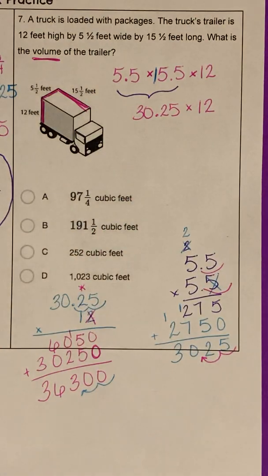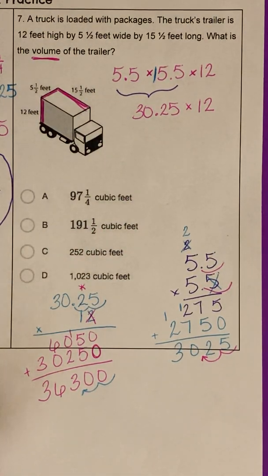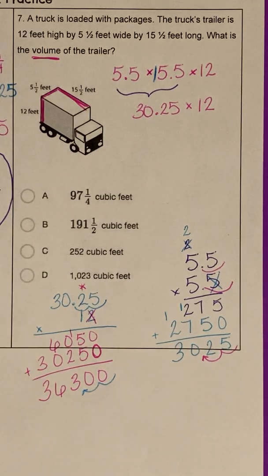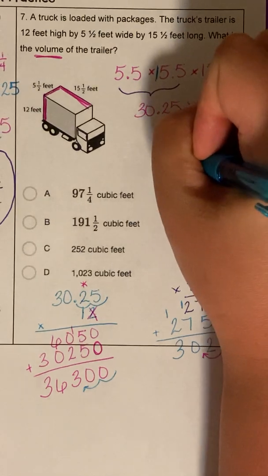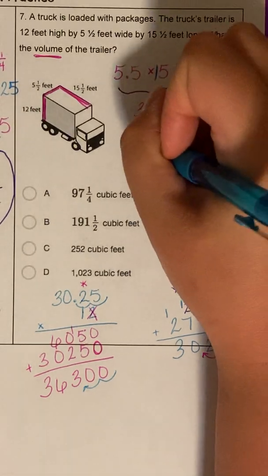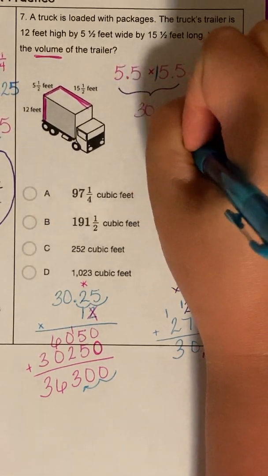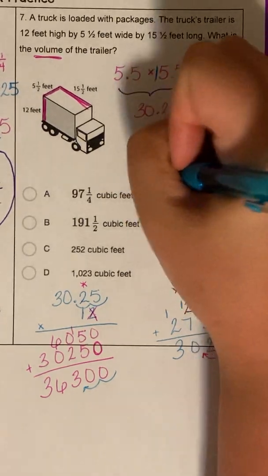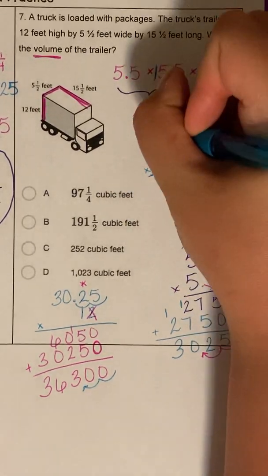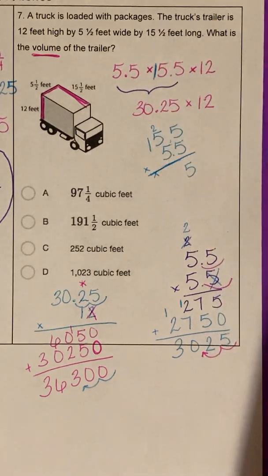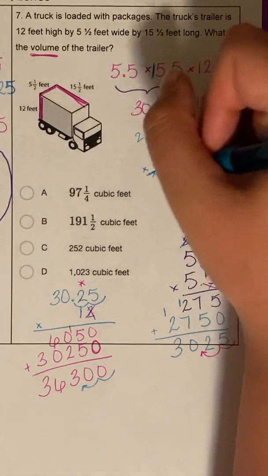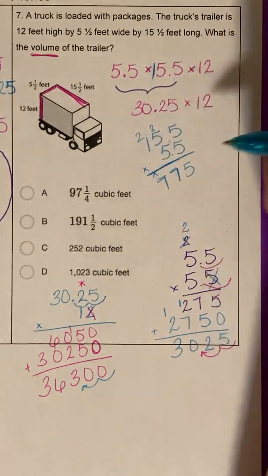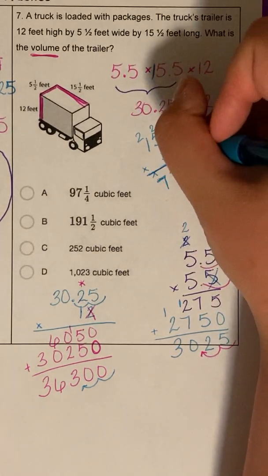Okay, so we need to multiply this again. 5.5 times 15.5. I'll do this quickly. 5 times 5 is 25. 5 times 5, 25 plus 2, 27. 5 times 1, 5, 6, 7. My bad. I apologize, everybody.